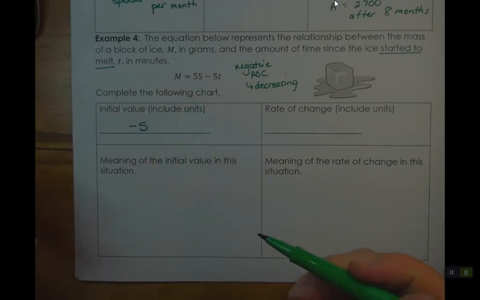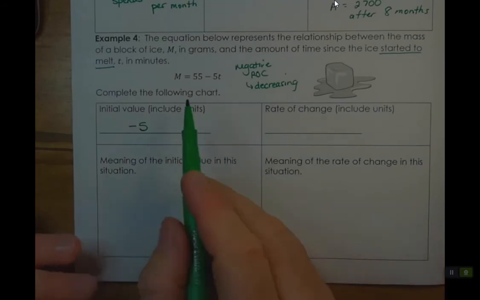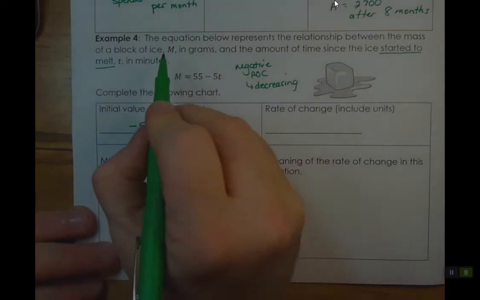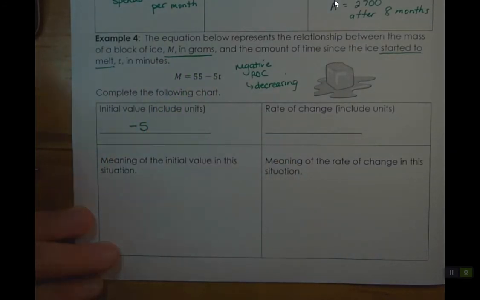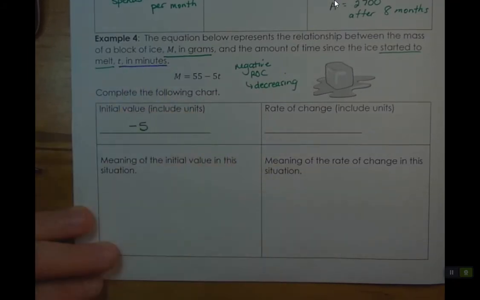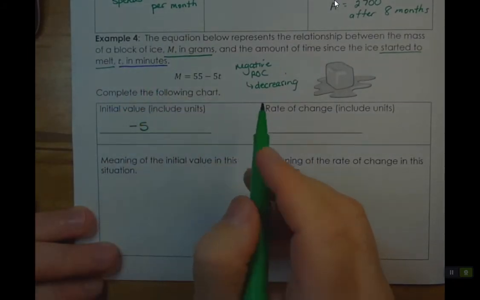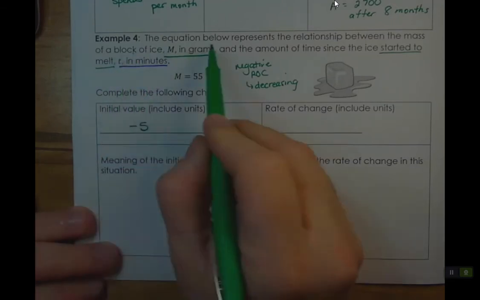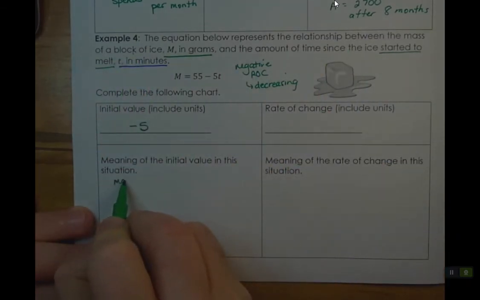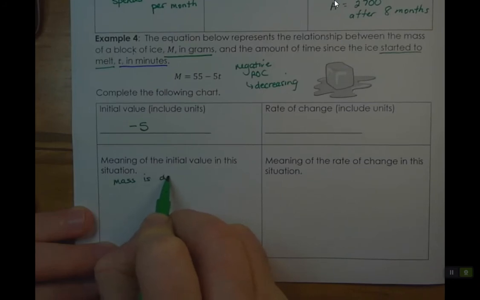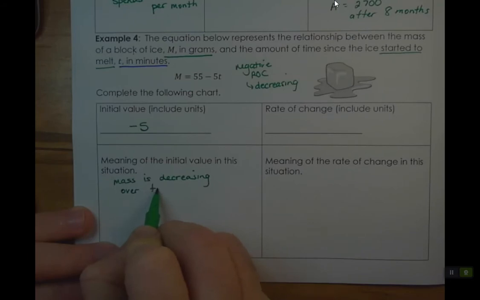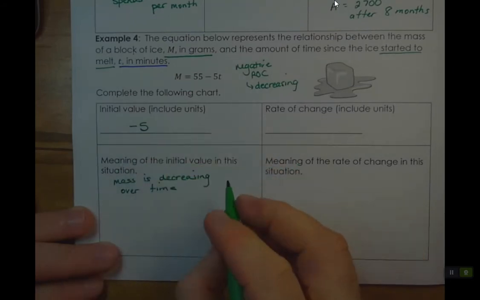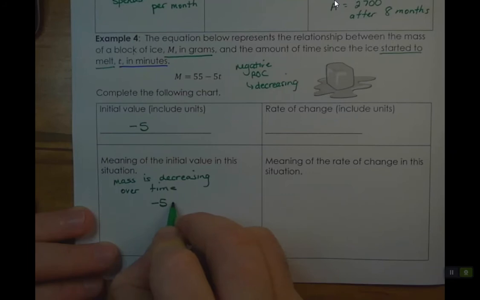Well, we have to look back at the question. M represents grams, T represents minutes. So what happens here is that the mass is decreasing over time. This is actually decreasing by 5 grams, right?